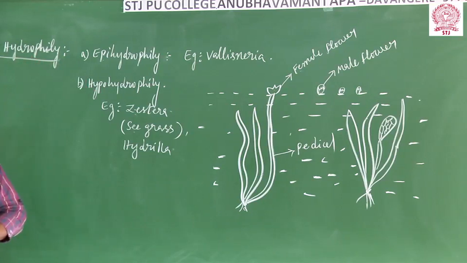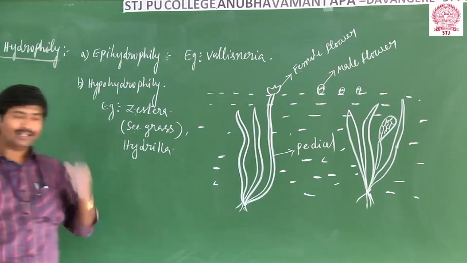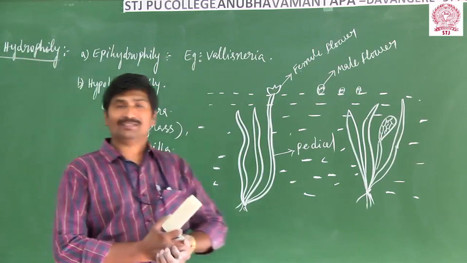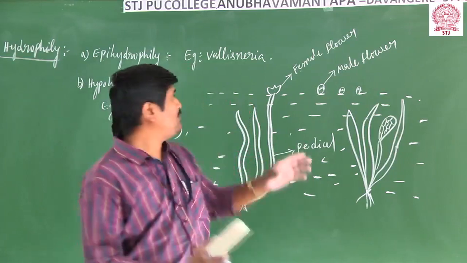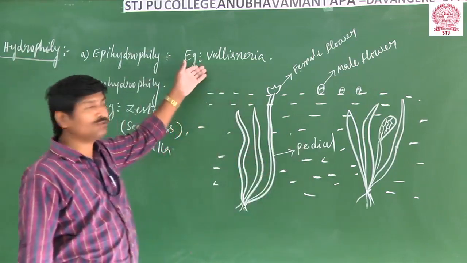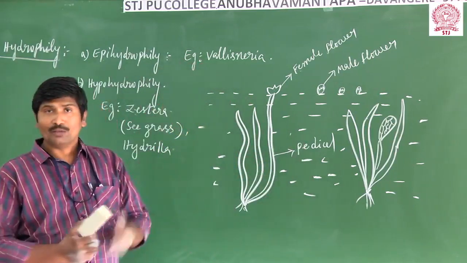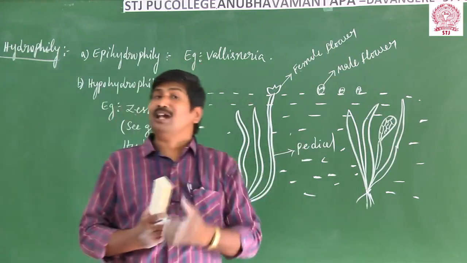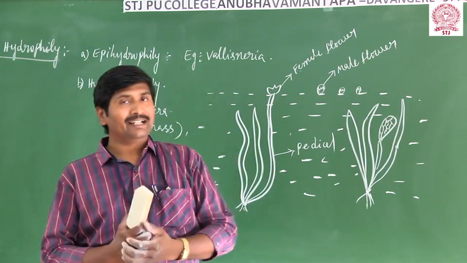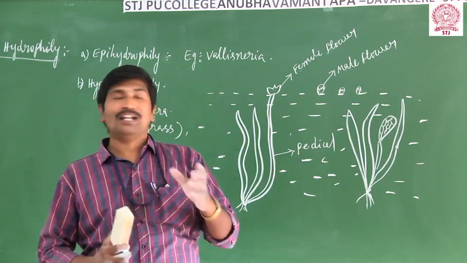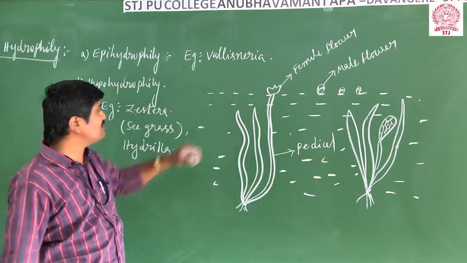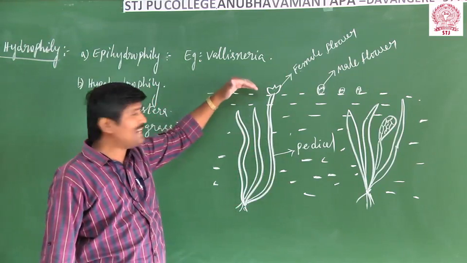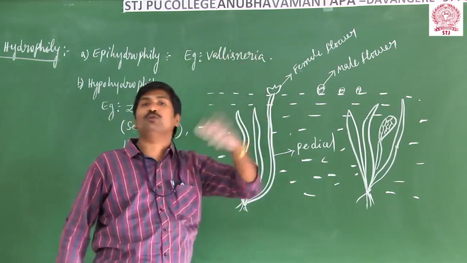When the pollination takes place by the water, that is known as hydrophily. One more important point is that in all aquatic plants, the pollination does not take place through the water. Best examples, water hyacinth and water lily. In these plants, the pollination cannot take place through the water. Why? Because the flowers are arranged above the level of the water.